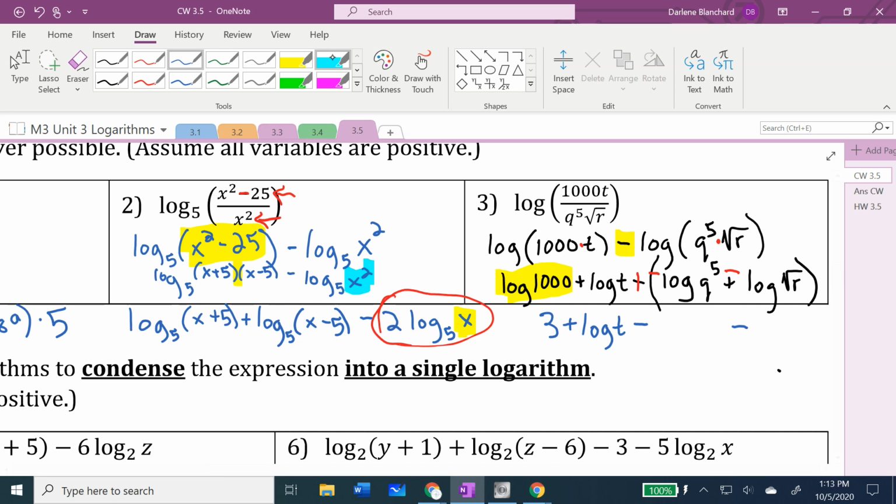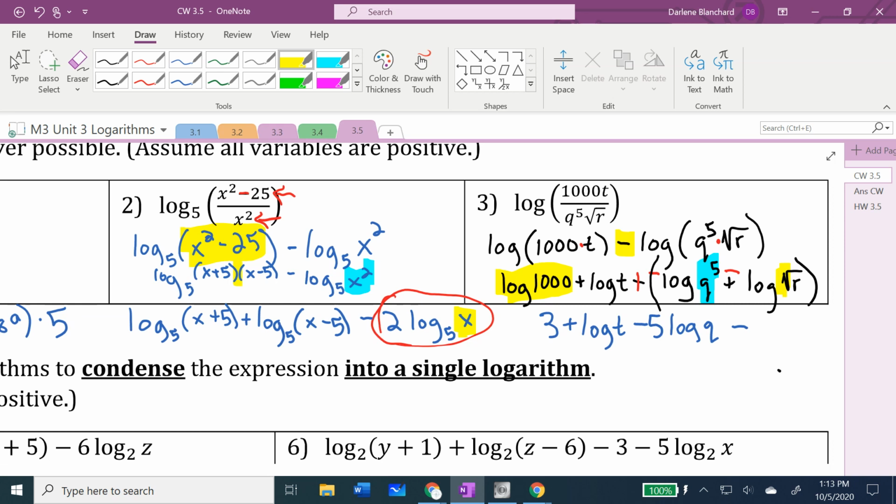Now, this q to the 5th power, the exponent 5 is allowed to multiply in front of that logarithm. And do you remember the exponent that a square root is actually representing? What is the exponent that a square root is?